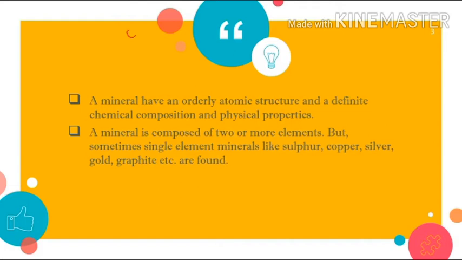It means a mineral has an orderly atomic structure and a definite chemical composition and physical properties. A mineral is composed of two or more elements, but sometimes single element minerals like sulfur, copper, silver, gold, graphite, etc. are found.